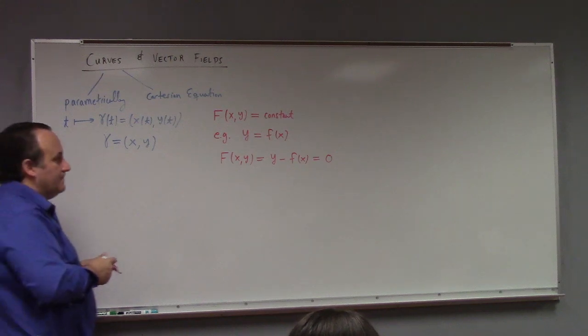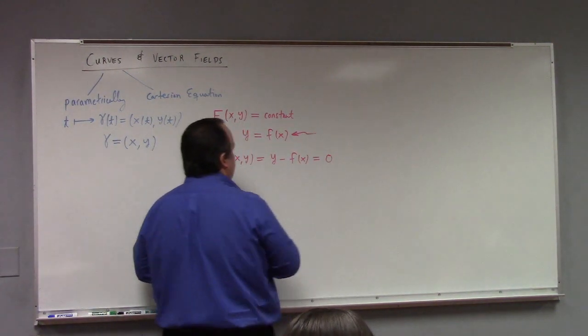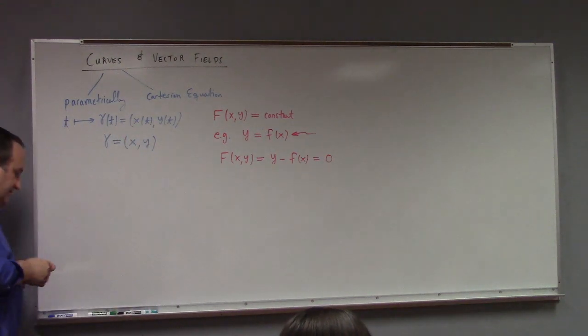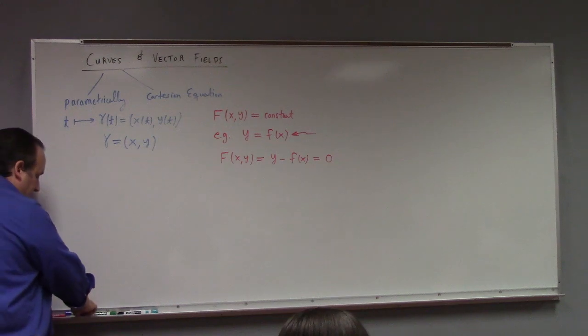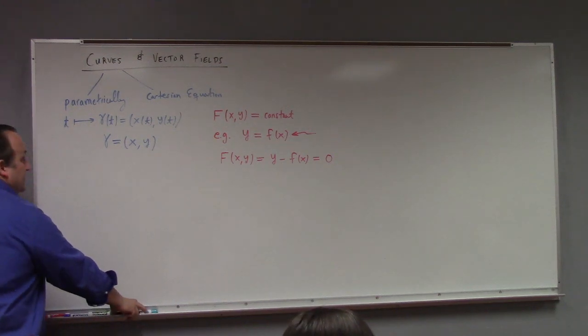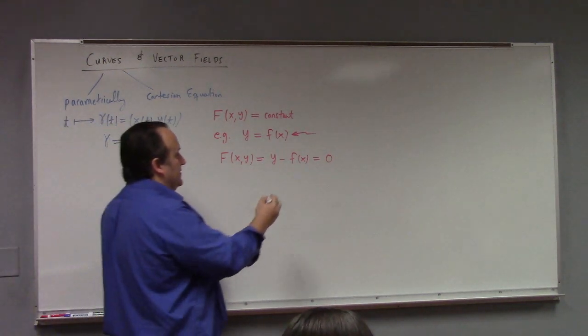What's this? This is what? Surely someone here knows. Nobody? A function, yeah. That's true. F is a function, but what is y equals f of x? The set of all x and y that solve that. It's a what? This is a graph, right? A graph of a function.